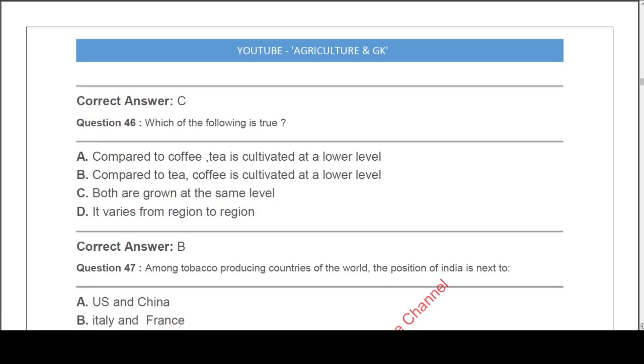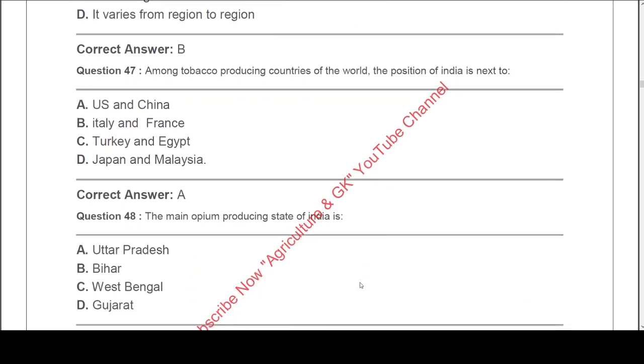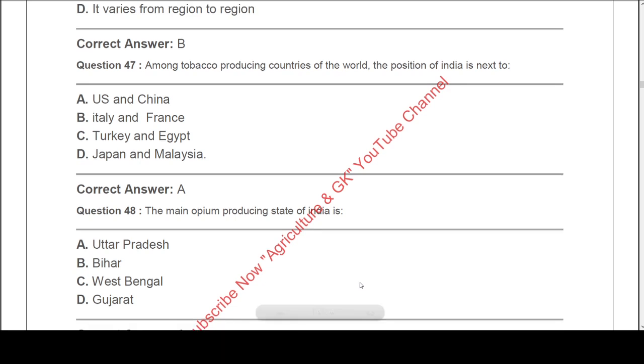Which of the following is true? Compared to tea, coffee is cultivated at the lower level. It is option B. Among tobacco producing countries of the world, the position of India is next to option A, US and China. US and China are the leading tobacco producing countries.